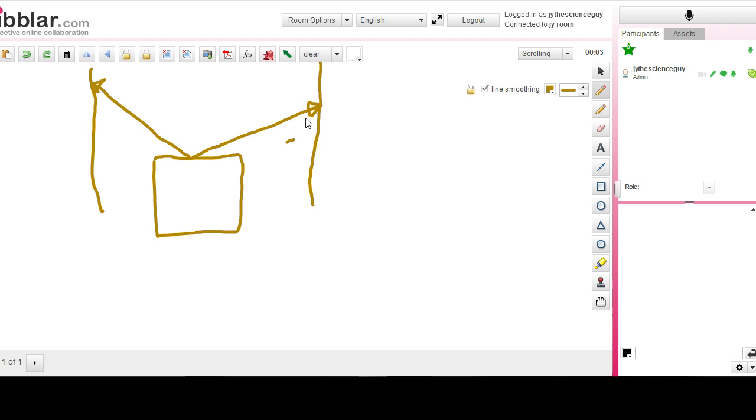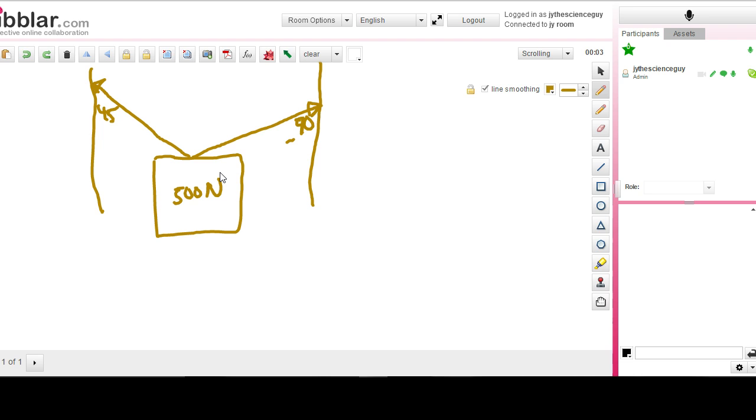And let's say this angle is, oh, I don't know, let's say it's 70 degrees. And this angle up here is 45 degrees. And the billboard weighs 500 newtons.